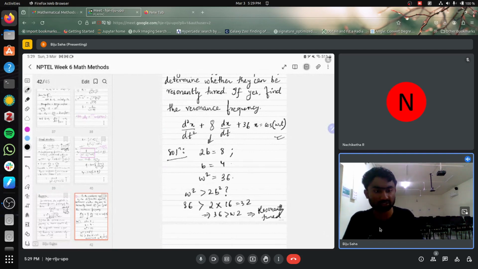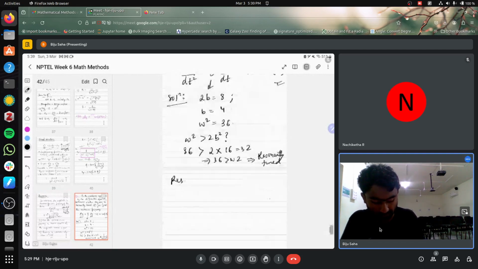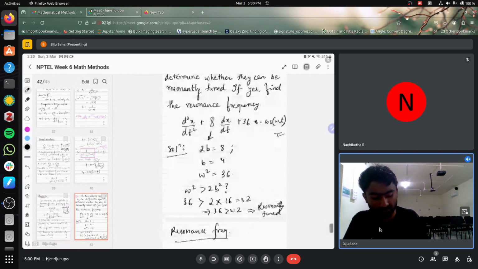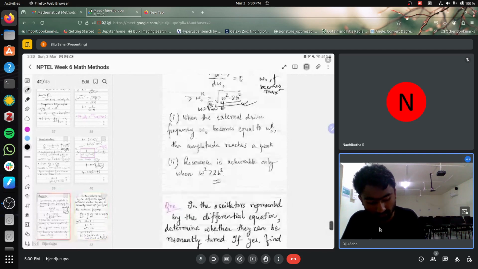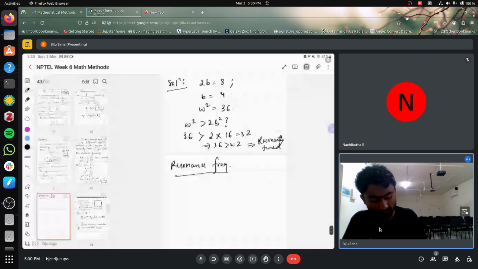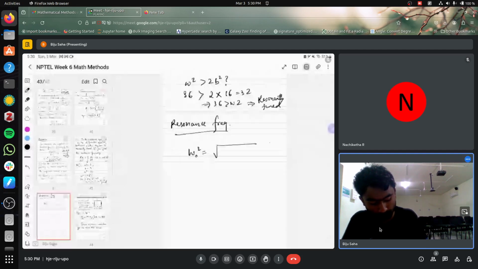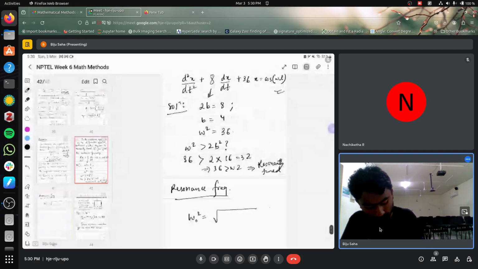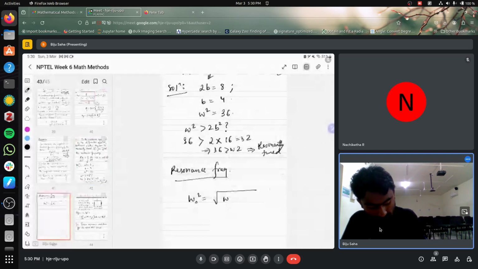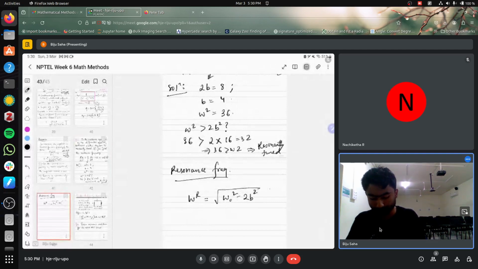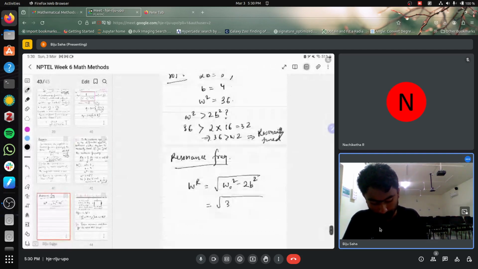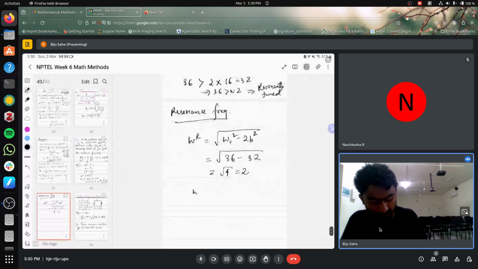Now the next question is, what is the resonance frequency? The resonance frequency is given by this, so your resonance frequency is 2.